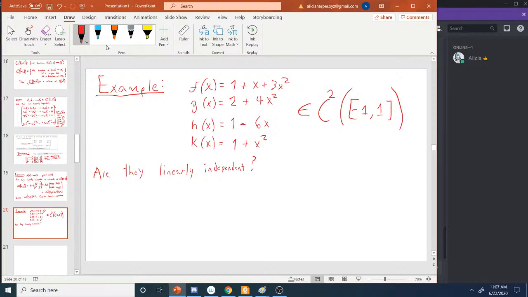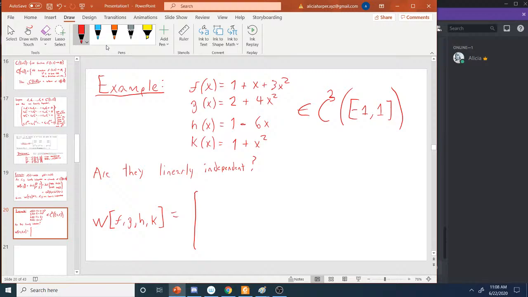Well, to figure that out, I can look at the following Wronskian. Because I have four things, and they all have three derivatives, this is a little better. So I'm going to look at the Wronskian of f, g, h, and k.